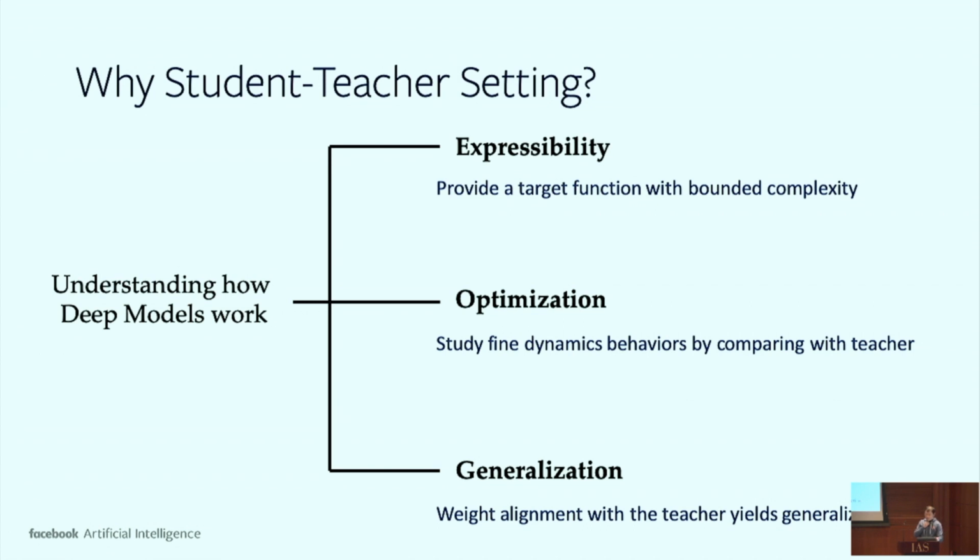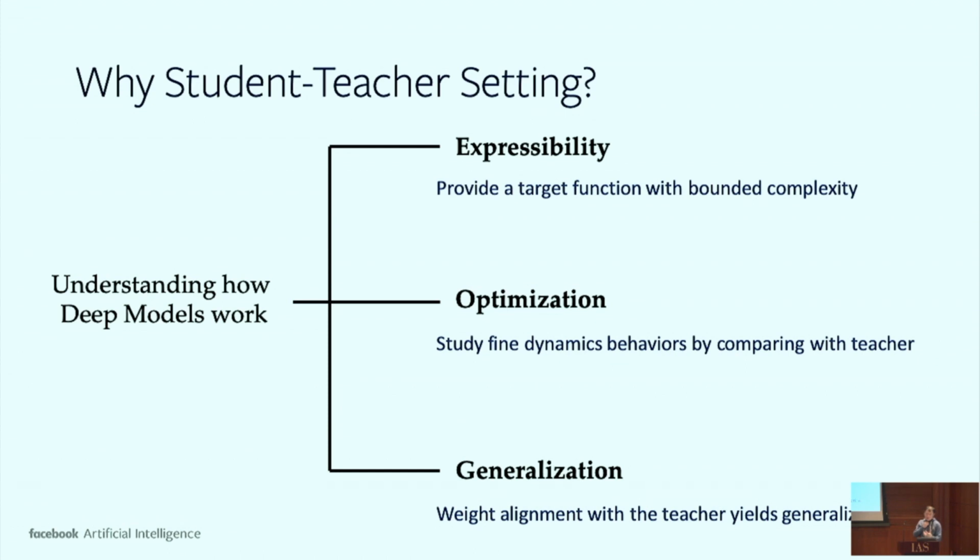And the second is, if you use the teacher-student setting, then you can study very refined dynamics and behaviors by comparing the student's neurons with the teacher's neurons. This basically gives you additional information when you are trying to find what the interesting properties are. And then finally, in terms of generalization, if we can show that after training, the student converges to a solution that is aligned with the teacher, then this gives you hints on generalization.